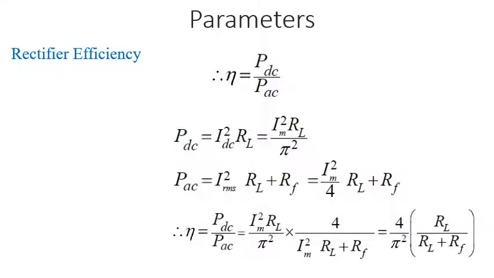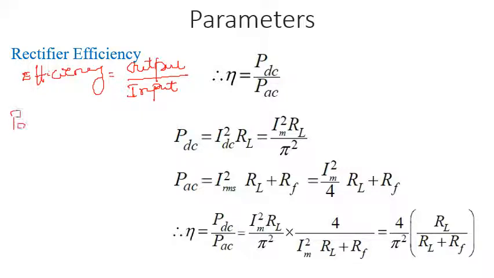Efficiency of any circuit is always referred to as output by input. Efficiency is always output divided by input. Here we are determining efficiency in terms of power. So input is AC.